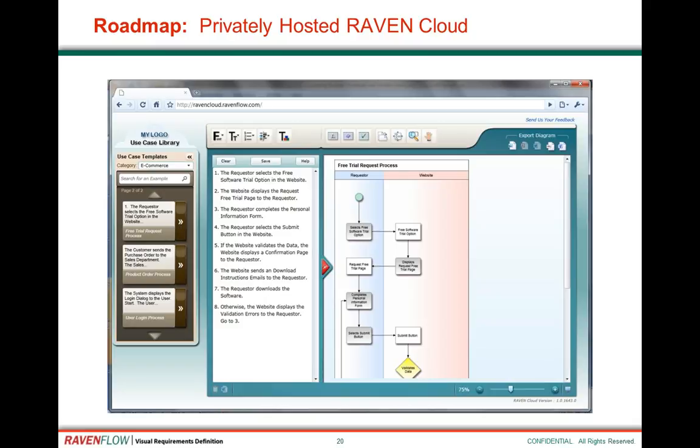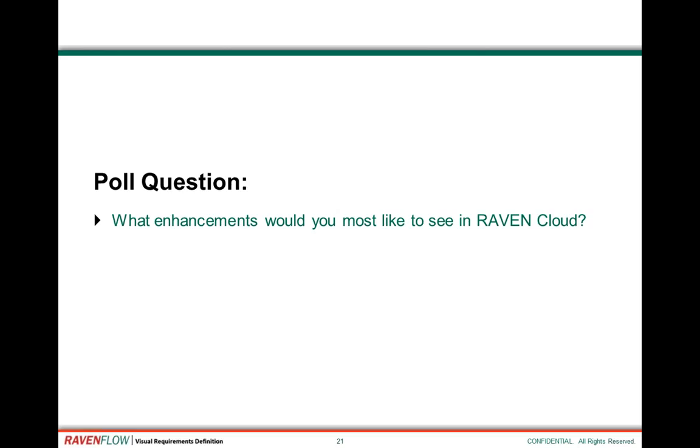So we will be introducing in January a privately hosted version of Raven Cloud we call Raven Cloud Enterprise, which would allow you to install it on your infrastructure, populate it with your own templates, authenticate your own users, and not have anything to do with hosting it in the public cloud.